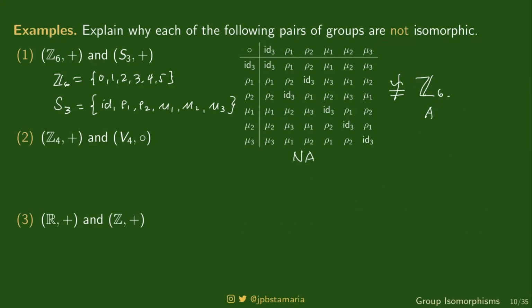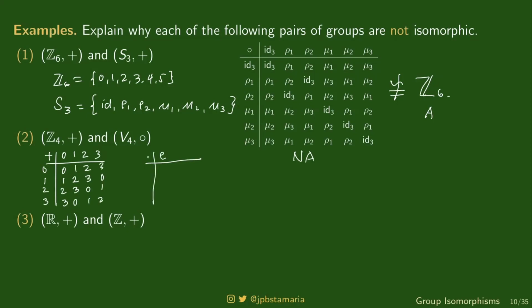How about Z sub 4 versus V sub 4? Ano nga yung Z sub 4? Ito yung integers modulo 4, or kung yung mamarapatin, 0, 1, 2, 3, isusulat kong ganito. Okay. Next, can you tell me why they are not isomorphic?